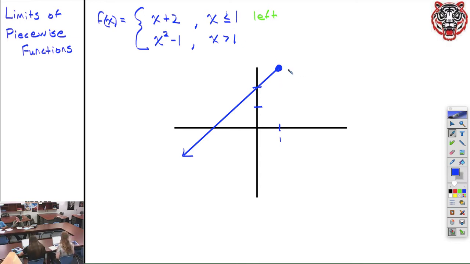That's exactly the reason. All right, go ahead and graph the second part of the piecewise function, the right-hand part. So this is going to be the right. And if you need a hint or an answer, go ahead and look up at the board.